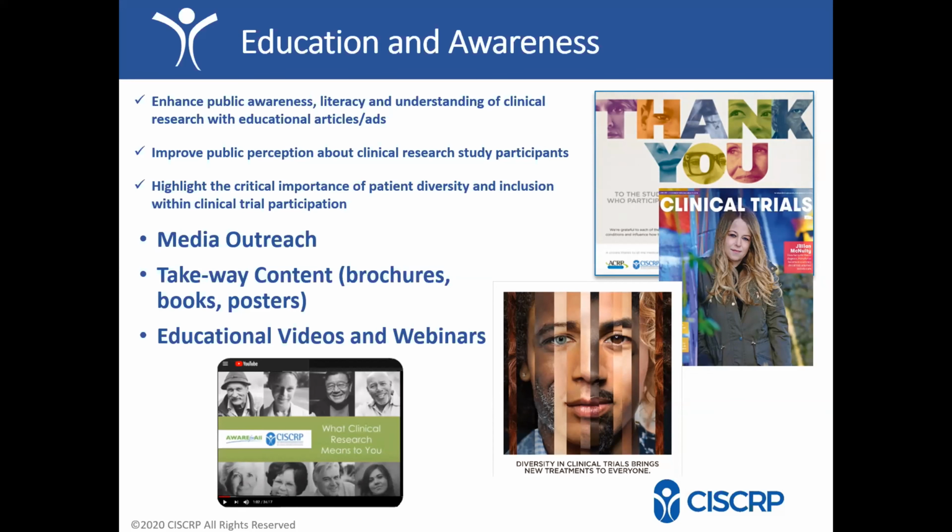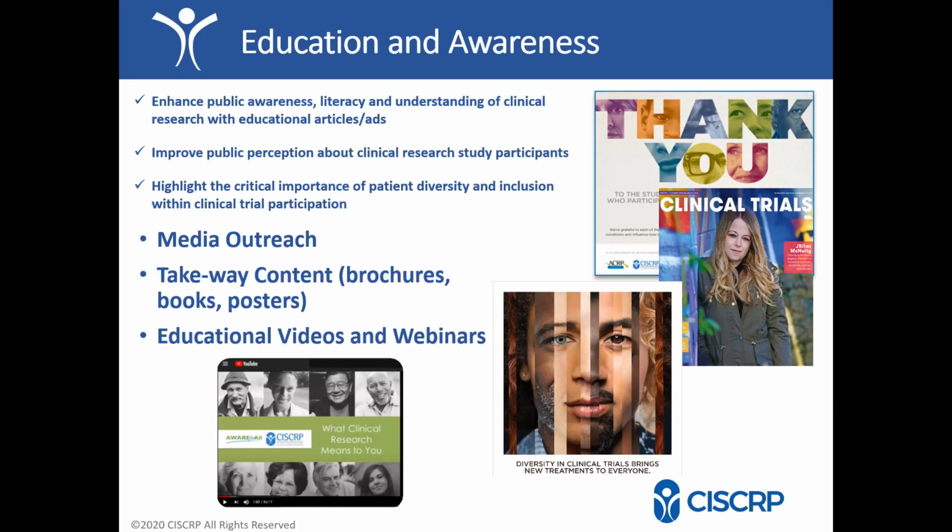One thing that I'm going to mention here that is really critical: we're talking about it in the context of media campaigns and education and awareness, but patient diversity and inclusion in clinical trials is absolutely one of the most critical aspects of patient centricity that is at the forefront of people's minds right now.